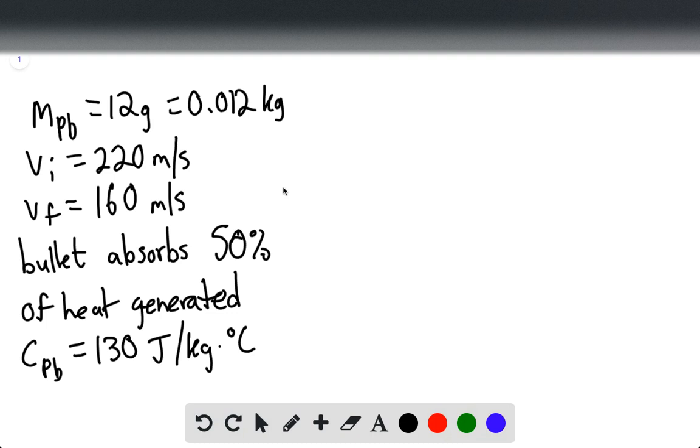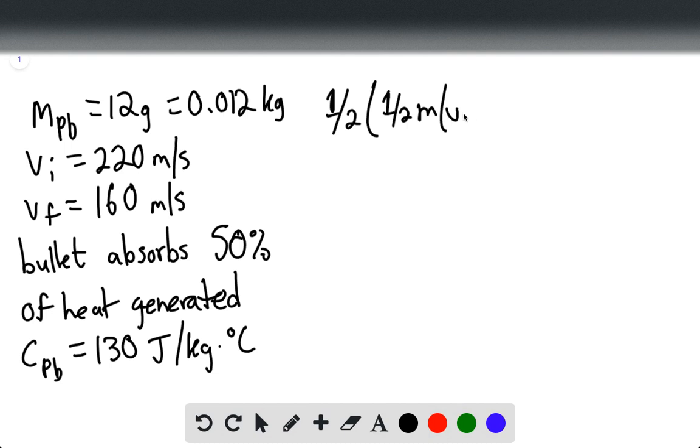So if 50% of the heat generated is absorbed by the bullet, we can say that 1/2 times 1/2 mv squared. So essentially half of the kinetic energy that is lost will be converted into heat, and it'll be absorbed by the bullet.